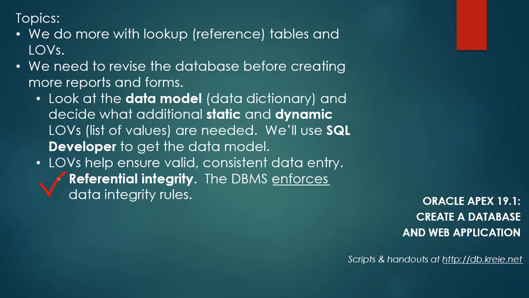So you make a list of options, for example, of, let's say, states in the United States, and you give a list that the user picks from rather than letting the user type something in. If you let the user type things in, there will be inconsistencies.